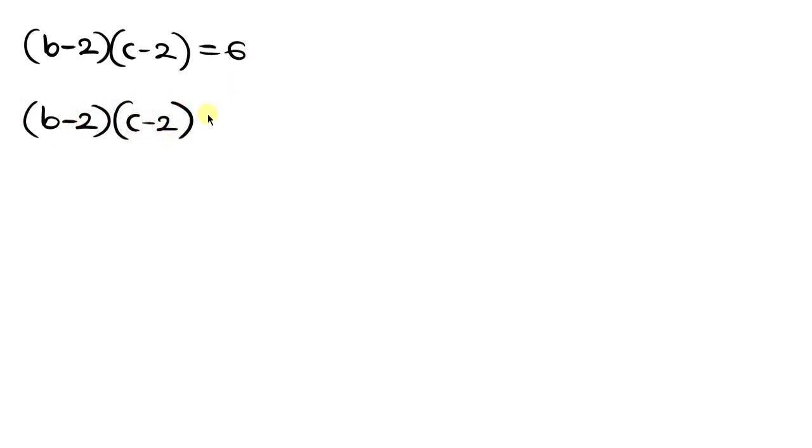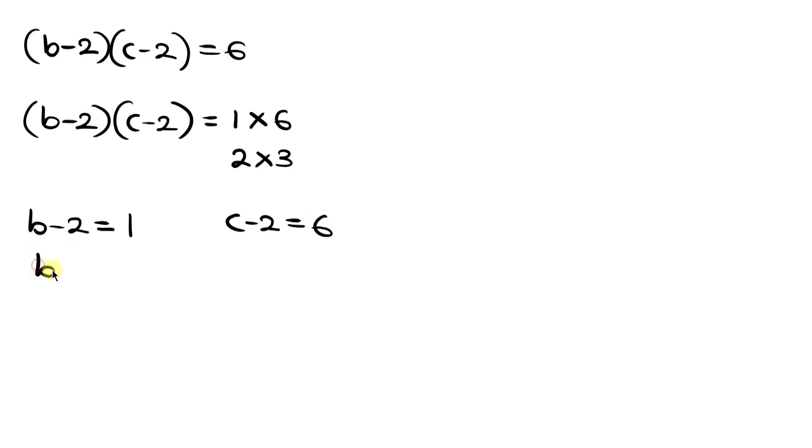So the factors of 6 are, we're going to be giving the smaller factor to B. So we have 1 times 6, and we have 2 times 3. So that means B minus 2 will be equal to the smaller factor 1, and C minus 2 will be equal to the bigger factor 6.